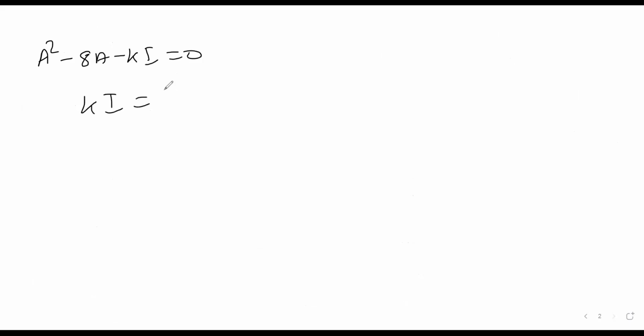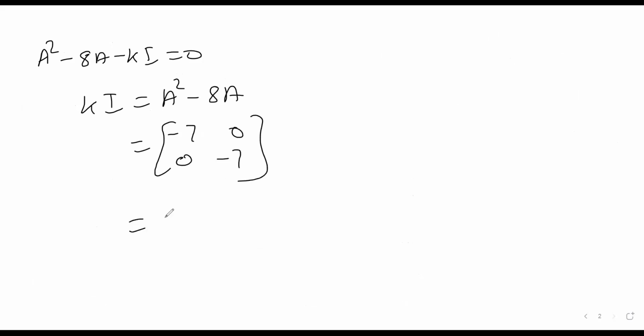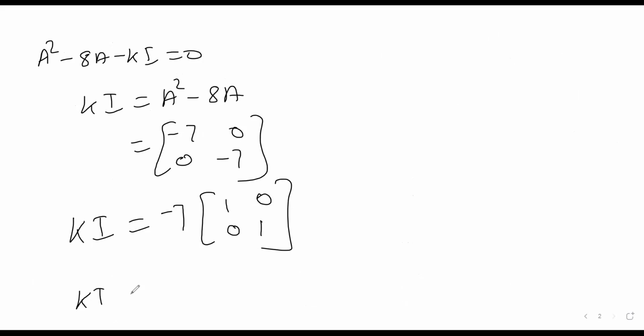So kI was A square minus 8A, which is minus 7 0 0 minus 7. If I take minus 7 common, I will get the identity matrix. So kI is minus 7 into I. So k is minus 7. The calculations had gone wrong earlier. k is minus 7.